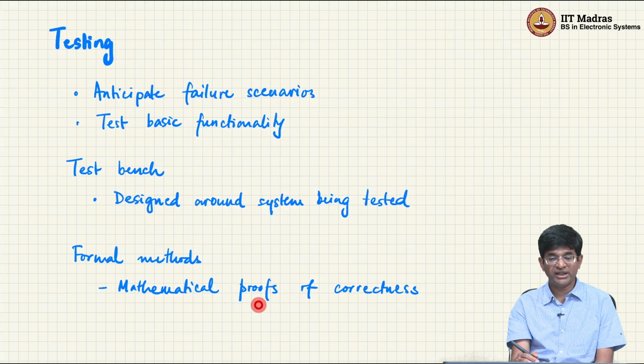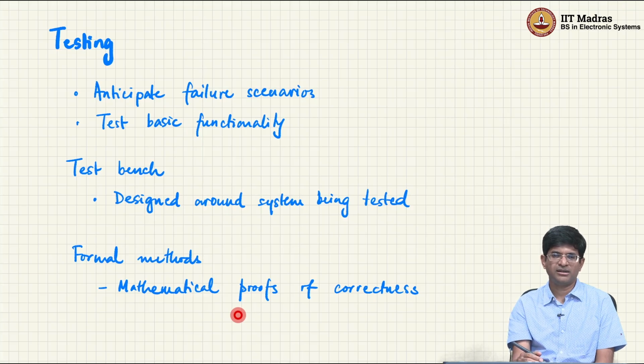What we ideally need to do in this setup is anticipate possible failure scenarios. In the case of a counter, the non-trivial things would be: what happens if I just turn off the enable signal? It should stop counting. It's not necessarily a failure scenario, but it is a change of behavior from what was happening earlier.